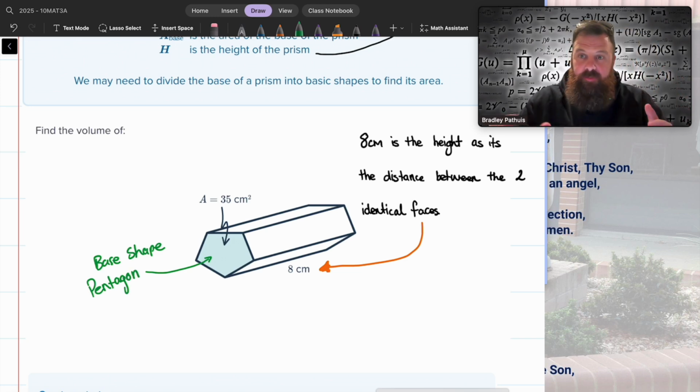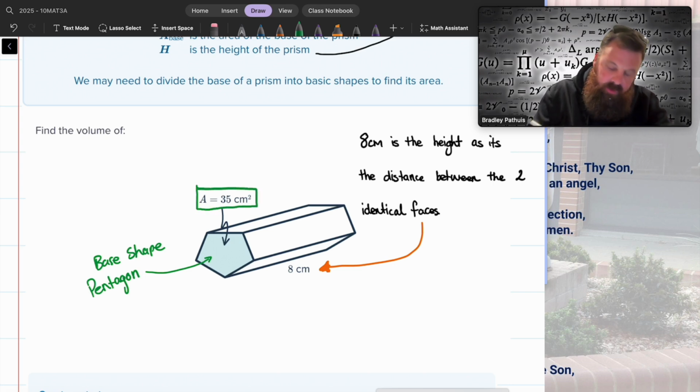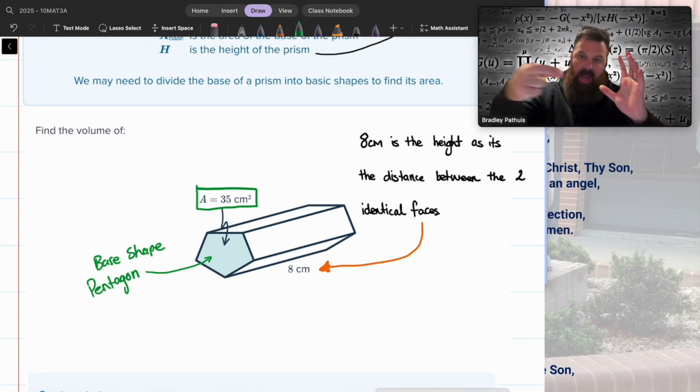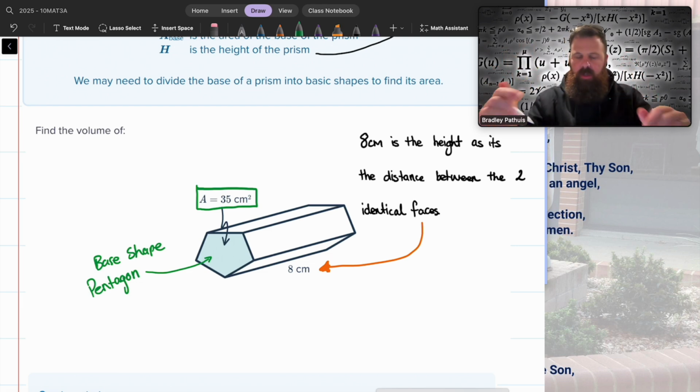It's highlighted to show that the area is 35 centimeters squared. You drag that 35 centimeters squared 8 centimeters to get to the other end of the prism. You can see the note, 8 centimeters is the height, because it's between the two identical ends.